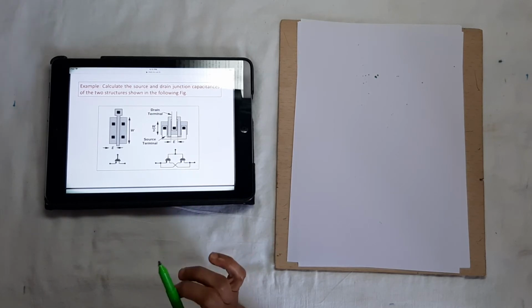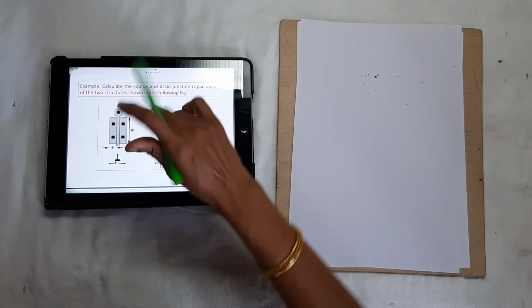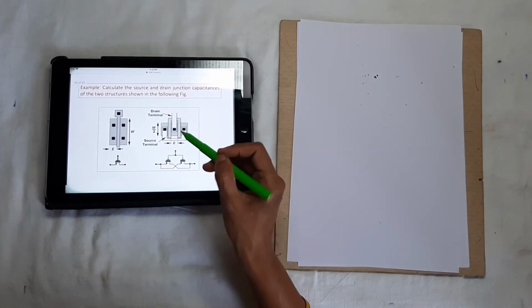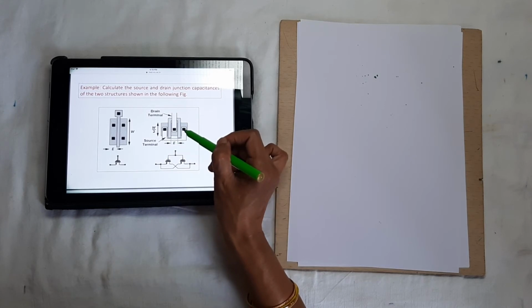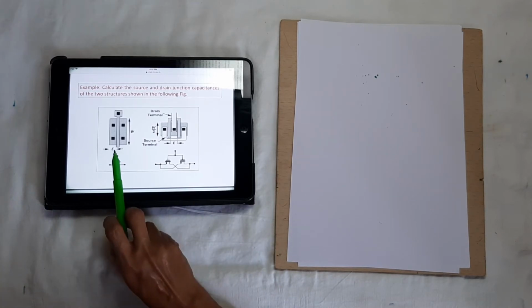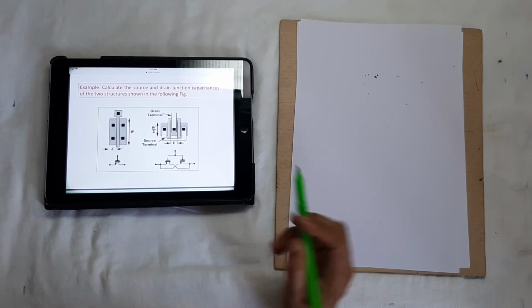I hope you are understanding it. This is just folded. Therefore, the polysilicon gate is also folded like this. The center one is the drain terminal and these shorted ones are the source terminal. Now we need to find out the capacitance of the first diagram as well as the second diagram.